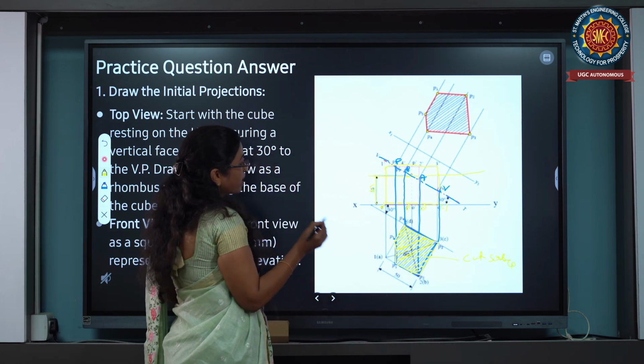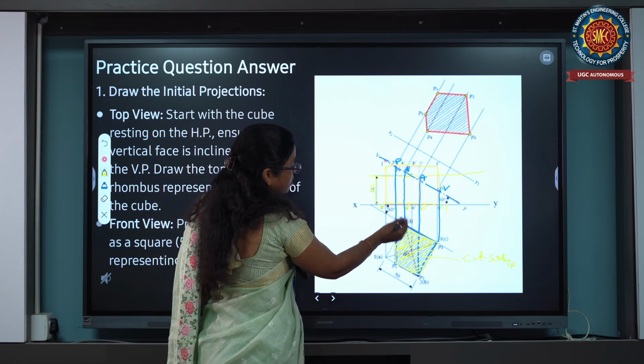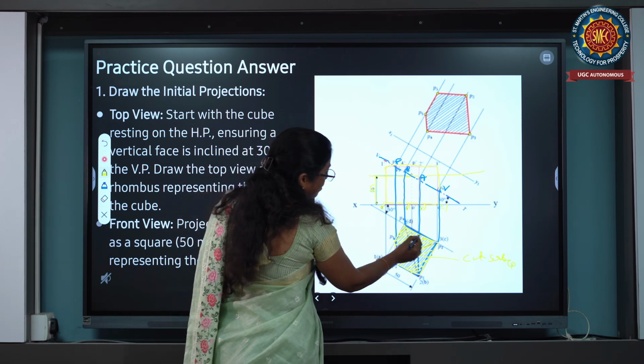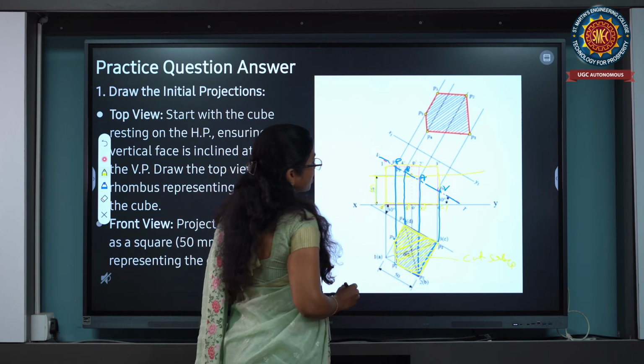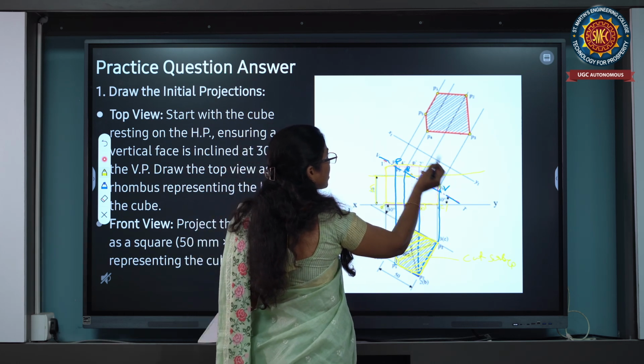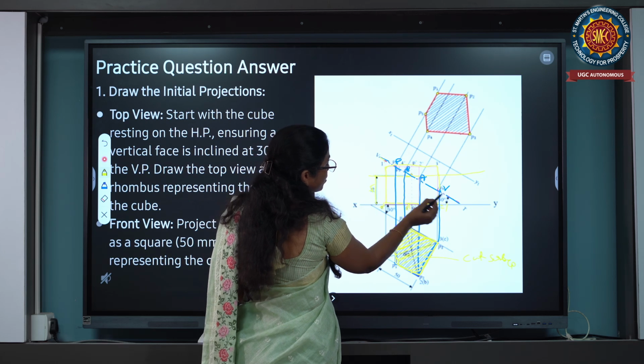Then we need to draw the true shape of the section. This one is the true shape of the square prism. We need to draw this using one reference line. This is also a reference line for the true shape. This line should be parallel to this section plane.